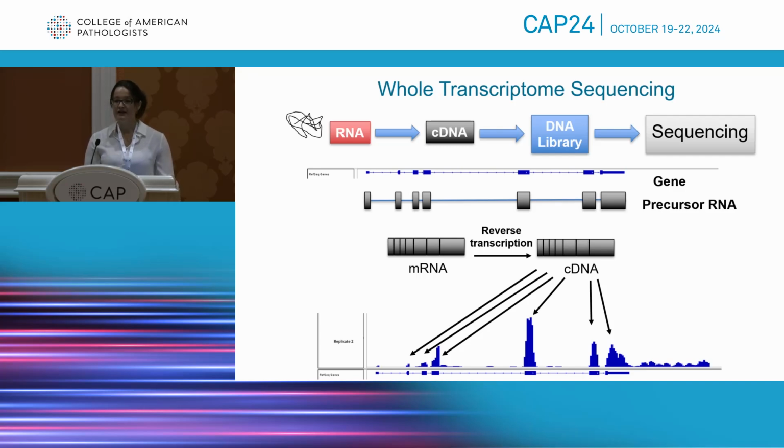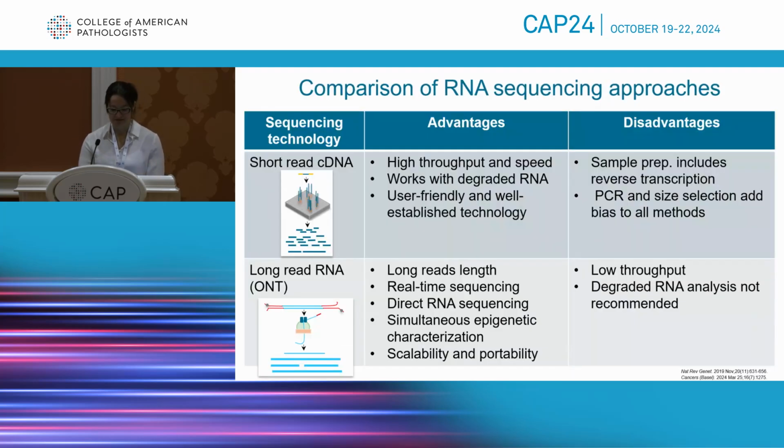There are several variations of the wet bench protocol, but at a high level, the RNA fragments are reverse transcribed into cDNA, and libraries are generated. During the library preparation, individual barcode sequences are added to the samples to allow for multiple patient samples to be sequenced together in the same reaction. And the result is sequencing data for all transcribed genes.